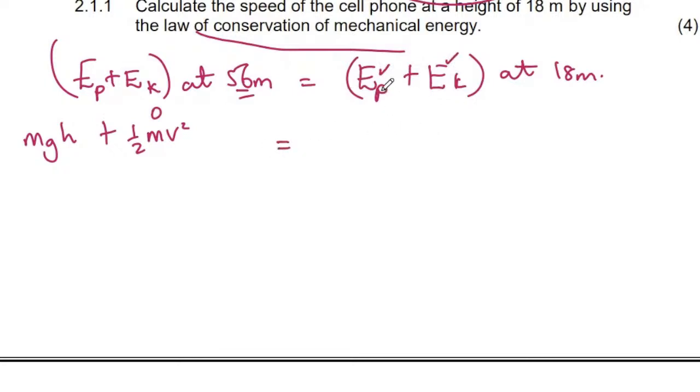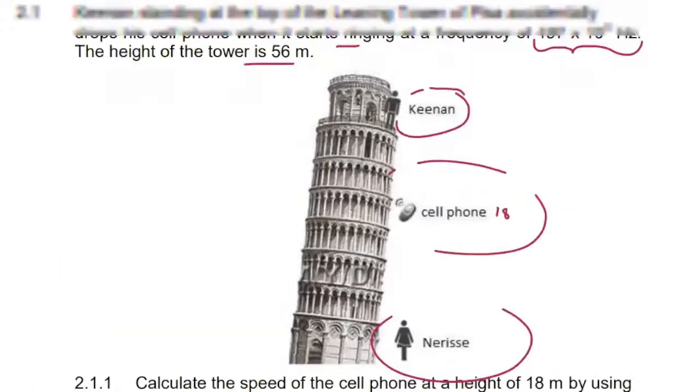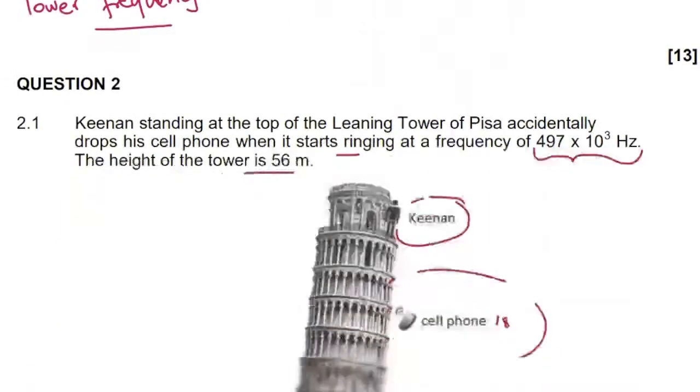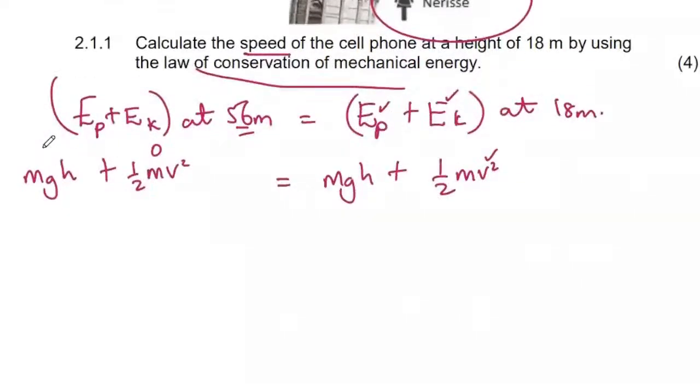But this maximum EP will now be transformed into EP and EK, which must be equivalent to that. So on this side we shall have the mgh plus a half mv squared. The question is asking for the speed, which is the v. When I do my substitutions, that's a 0. I don't have the mass of the phone, we never mentioned anything. So since I have the masses everywhere, I can just divide through by the masses.